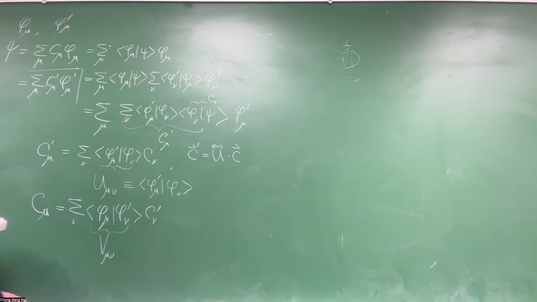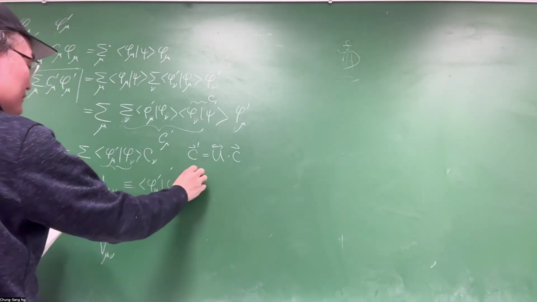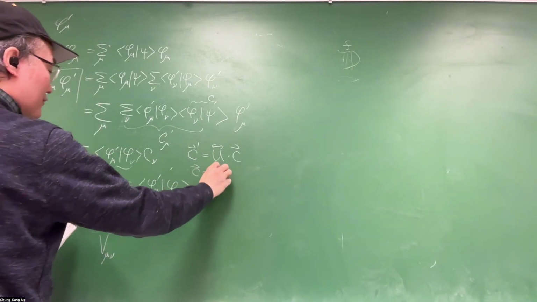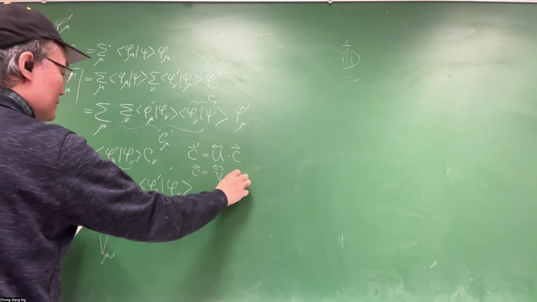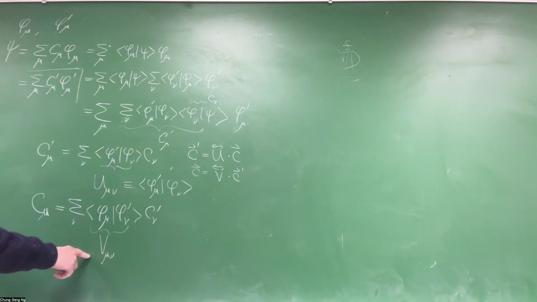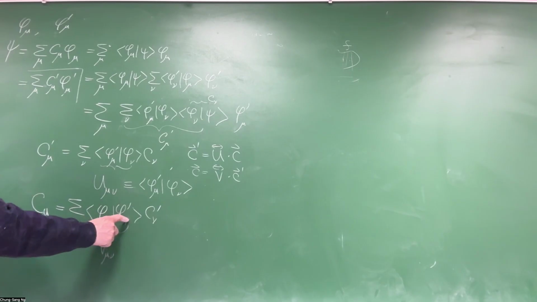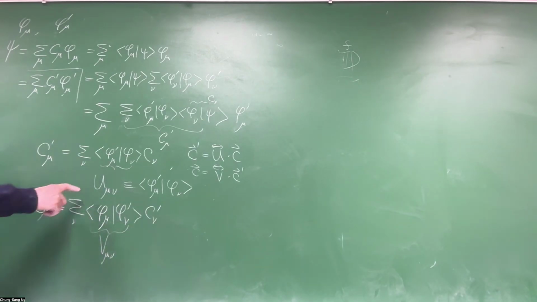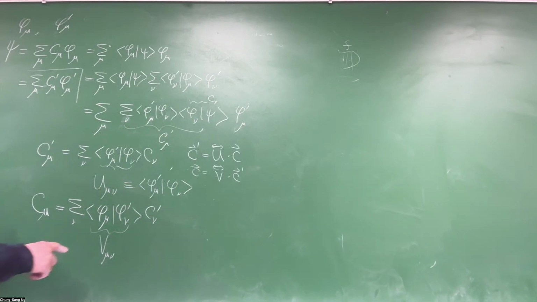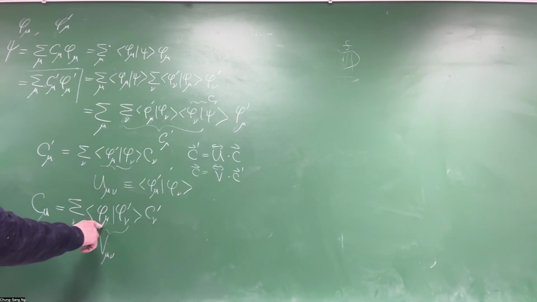So therefore, the inverse is just C equals this V dotted into C'. Right? And this V mu nu is obviously defined by this one, and U is defined by that one. And then we can use the property of the scalar product.